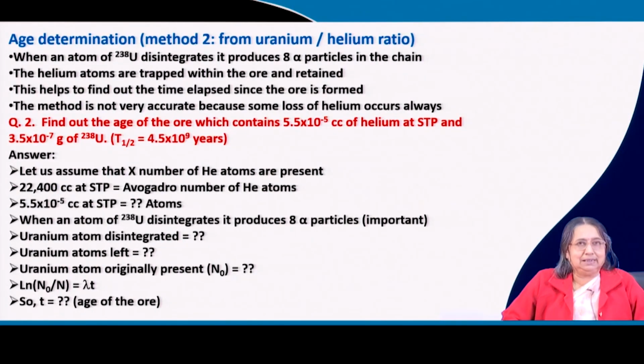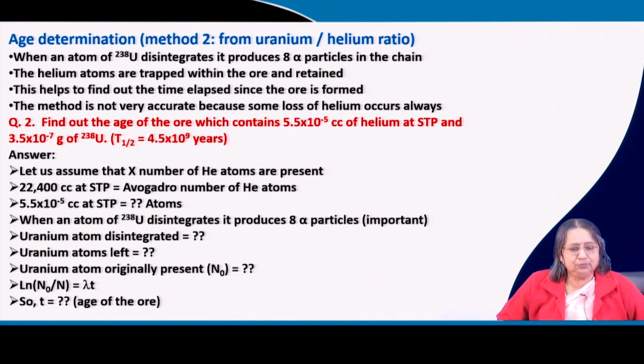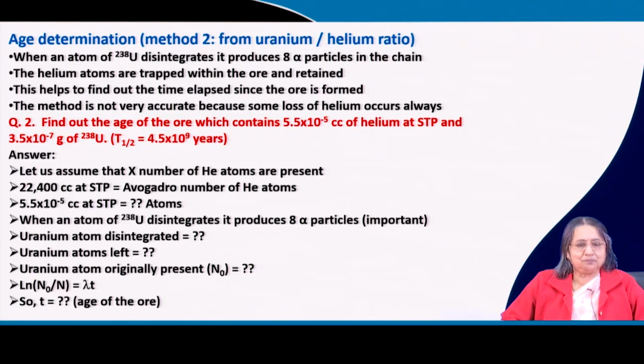There is another method, also from uranium, but that is from the uranium helium ratio. Why helium? Because the decay gives out alpha particles, as I told you. What is an alpha particle? An alpha particle is nothing but a helium nucleus, is it not?